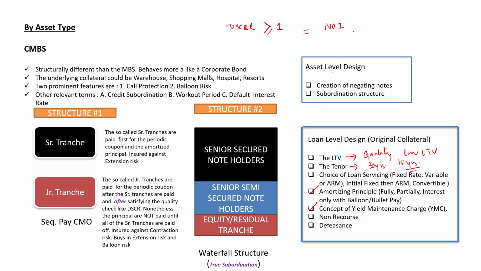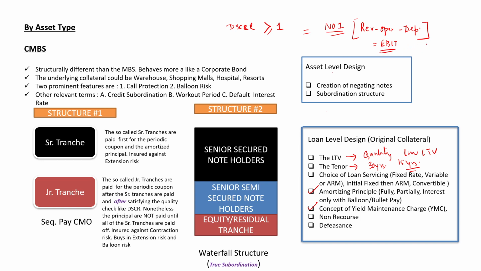In case of CMBS type securities, the net operating income is the revenue minus the operating expenses minus the depreciation for the year. In other sense, it is very similar to the earnings before interest and taxation in our normal course of things.